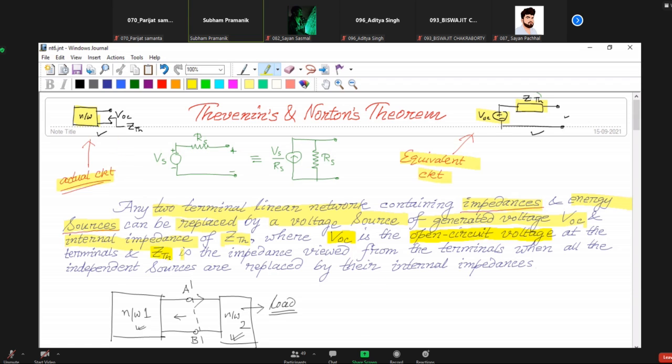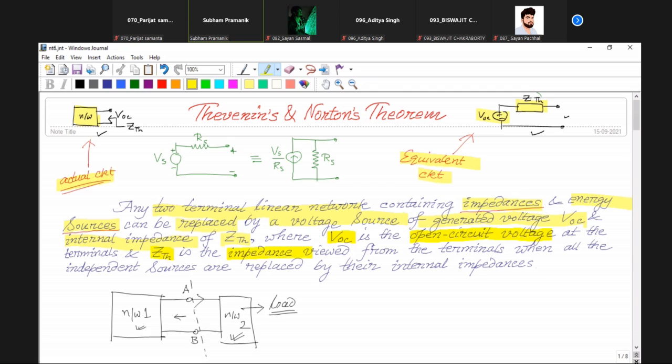And ZTH on the other hand is the impedance viewed from the terminals when all the independent sources are replaced by their internal impedance. Sometimes instead of writing this entire statement, we can also write that the independent sources are deactivated.